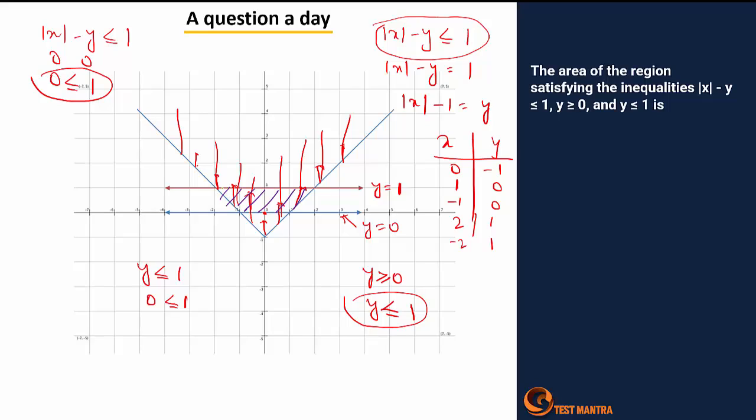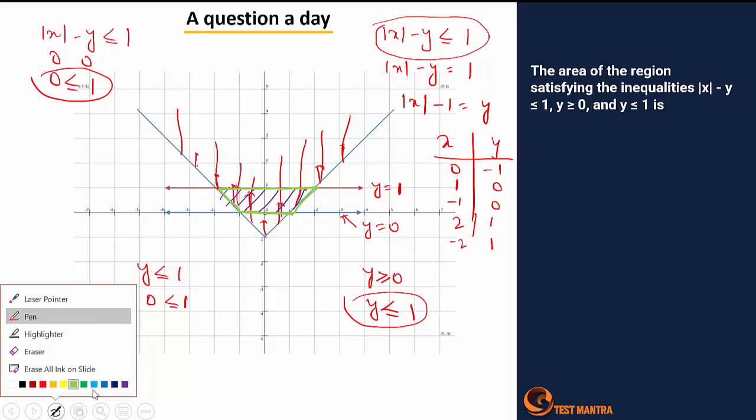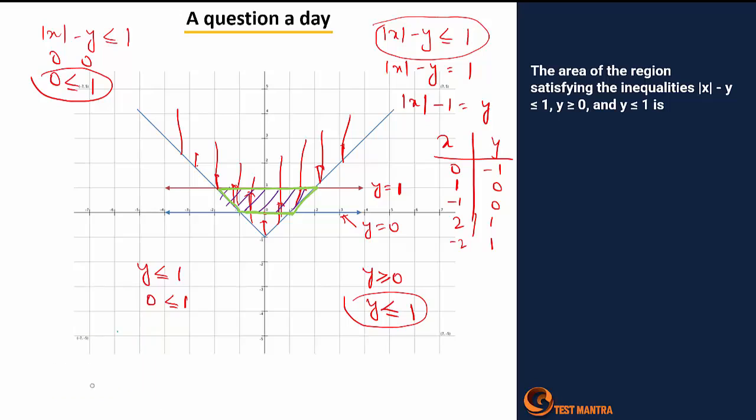So what is the area which is available here? The bounded area is nothing but this part. I'll mark this one with some color so you can identify this is my bounded area.